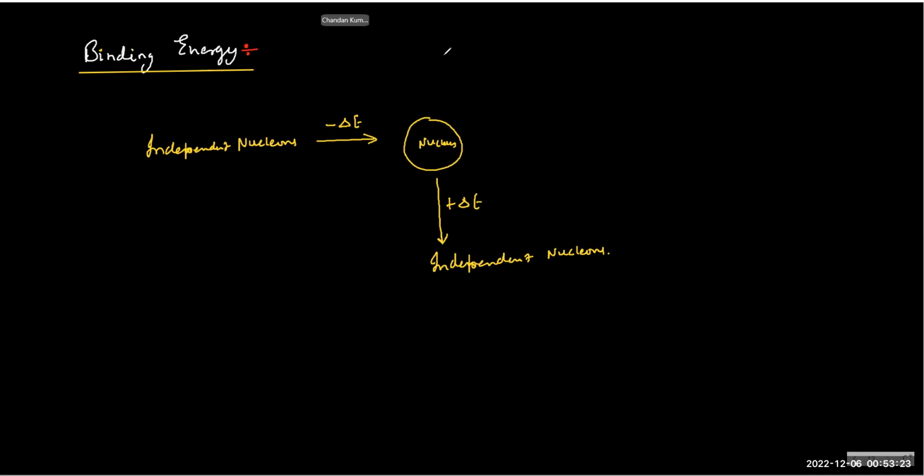The amount of energy required to break the nucleus into its constituent nucleons. Both are definitions. In one case it will release, in the other you have to impart. If you have a stable nucleus and want to break it, you need to provide energy. Or if you have nucleons, you have to extract that energy away, and they will form the nucleus.